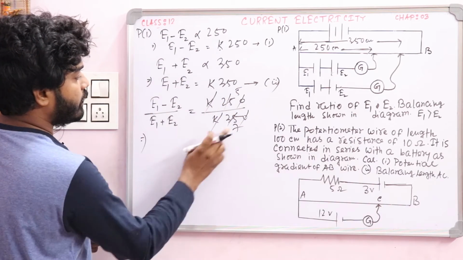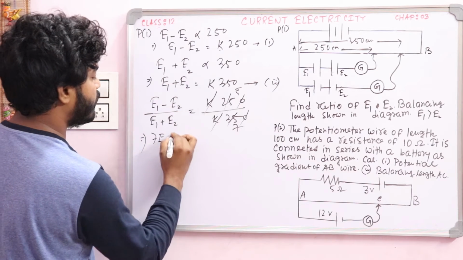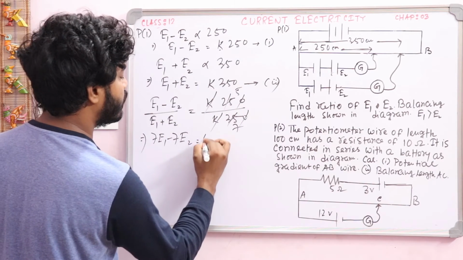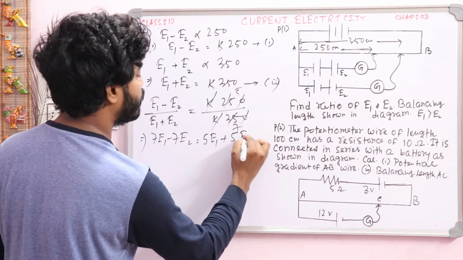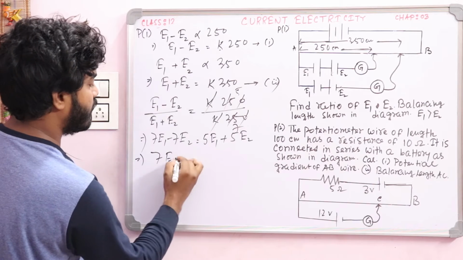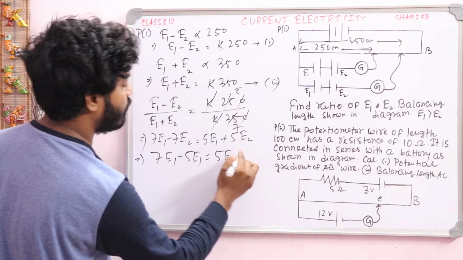Now multiply this one: 7E1 minus 7E2 is equal to 5E1 plus 5E2. So by solving, 7E1 minus 5E1 is equal to 5E2, and when this one goes to that side, it is plus 7E2.